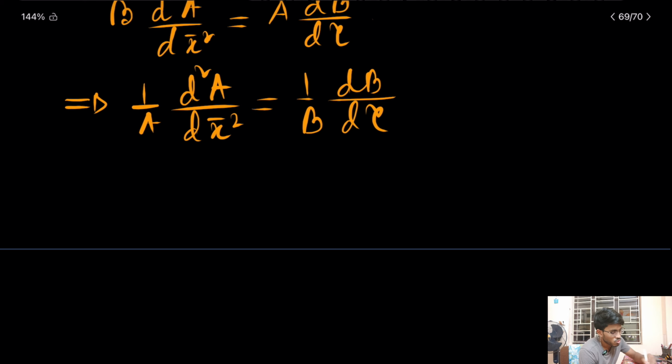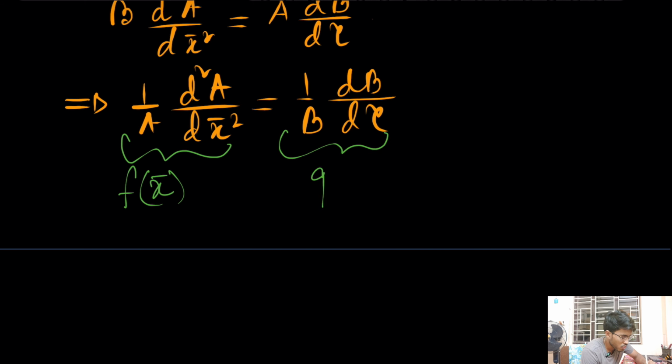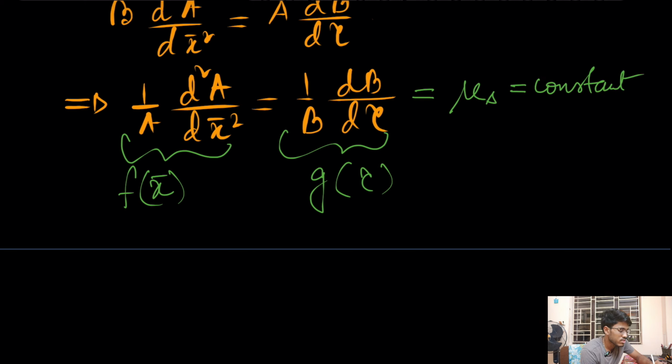Clear? This is a sole function of x bar only, and this is a function of tau only. The only possible option is a constant, and I told you that this is a separation constant. All these steps I have done before.